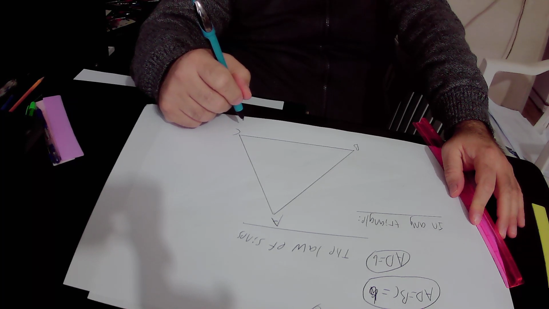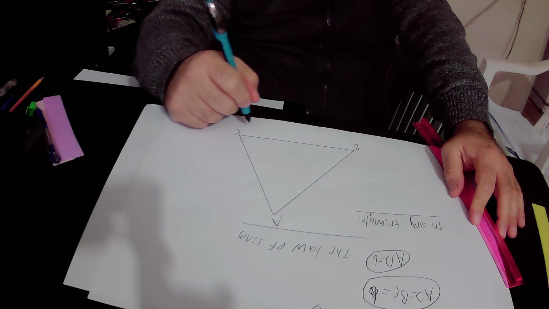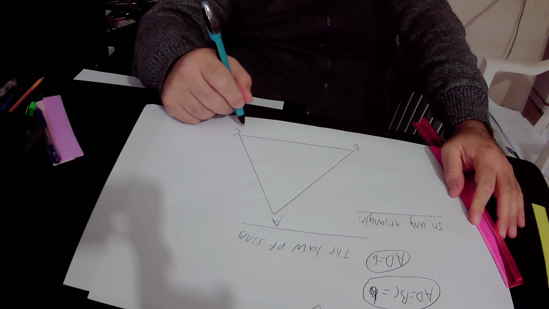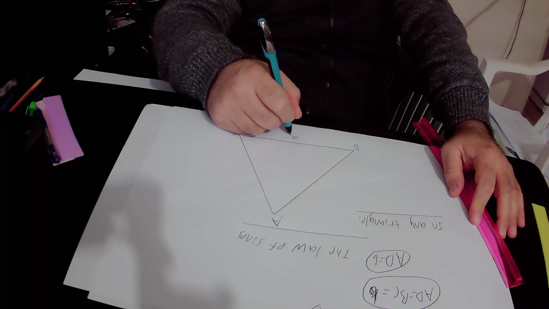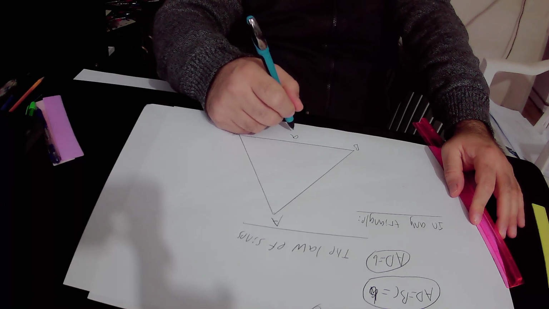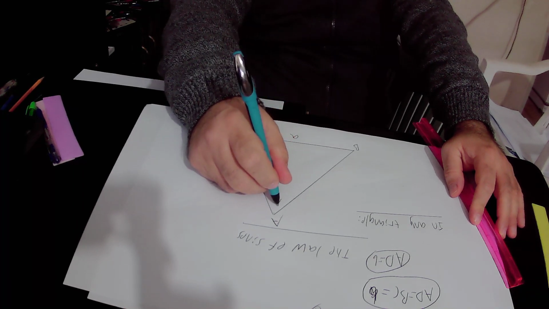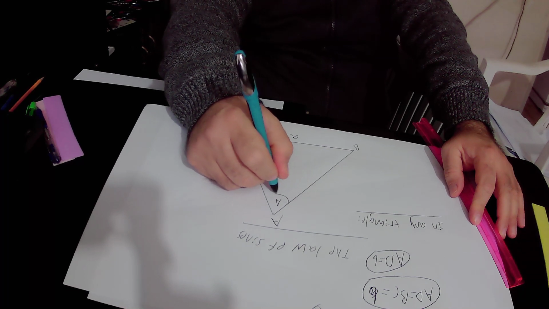and we know that side BC of triangle ABC equals A units, and this angle equals A degrees.